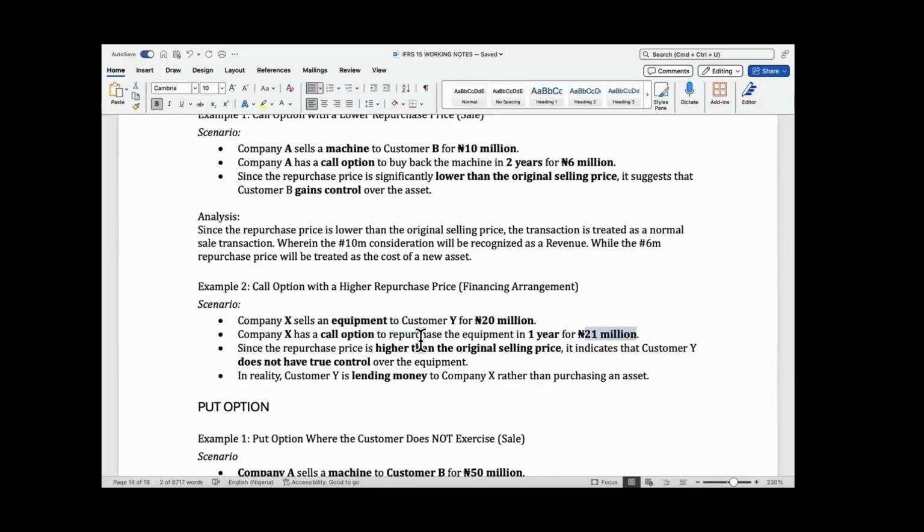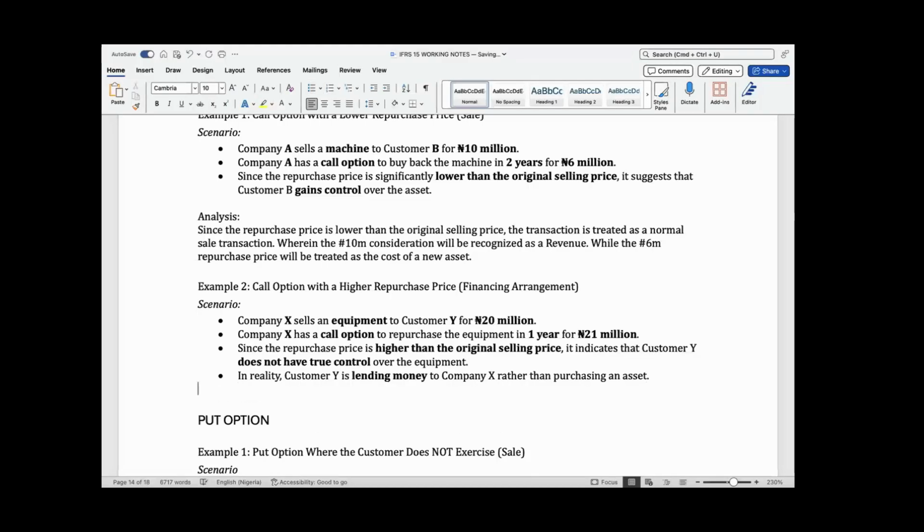Since the repurchase price is higher than the original selling price, it indicates that the customer Y does not have true control over the equipment. In reality, customer Y is lending money to company X rather than purchasing the assets.